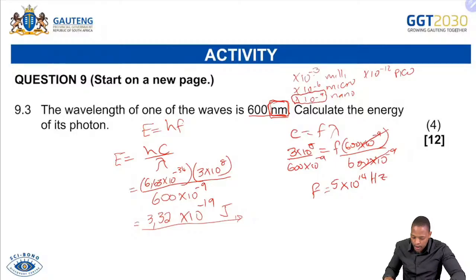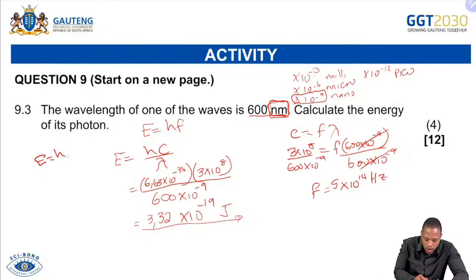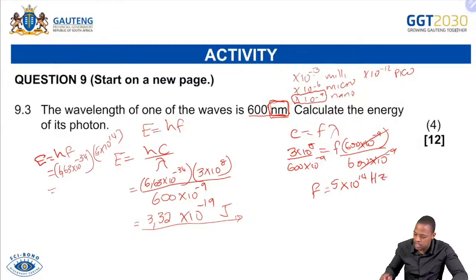And then from that frequency, we can now say E is equals to HF. We now have the frequency, H is 6.63 times 10 to the power minus 34. We are multiplying this by 5 times 10 to the power 14, which is the frequency that we calculated here.